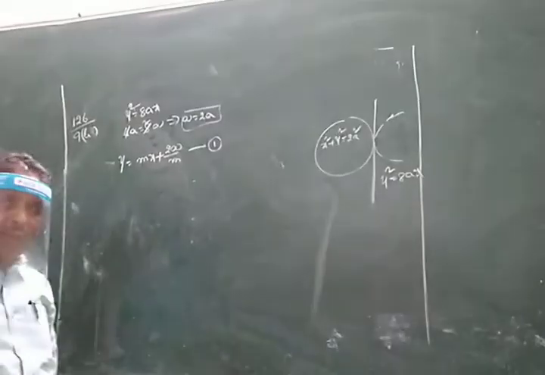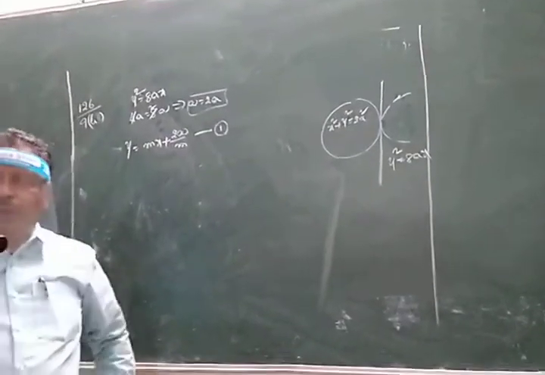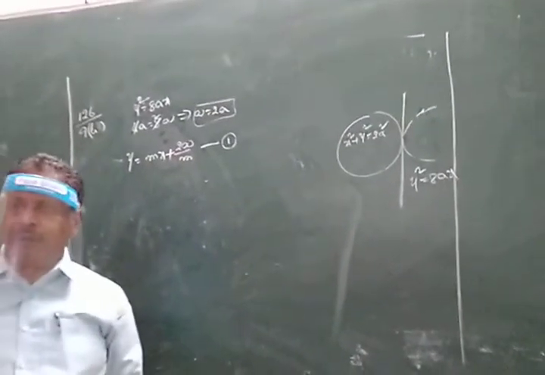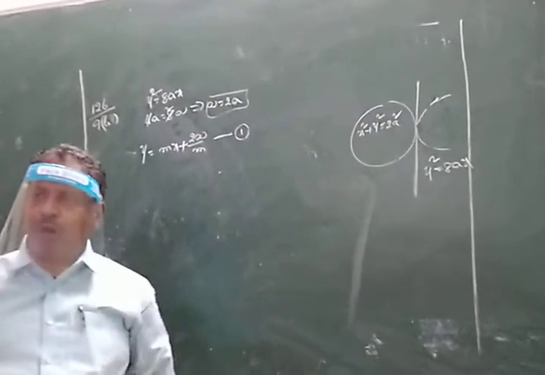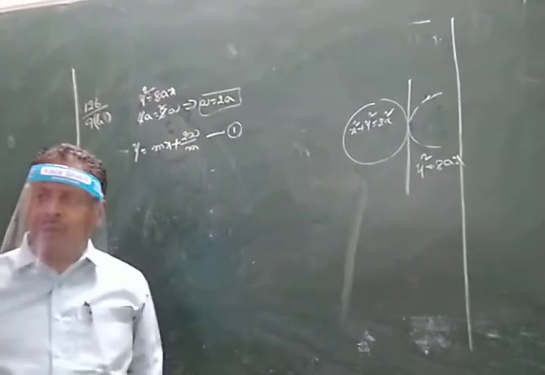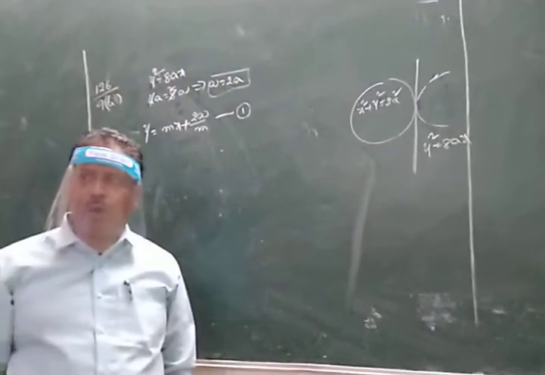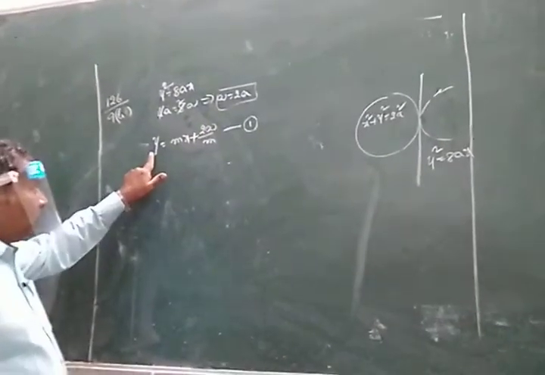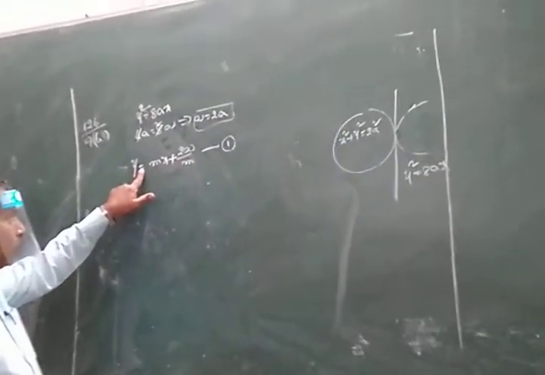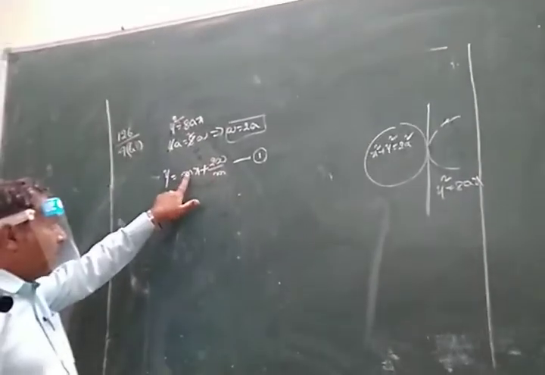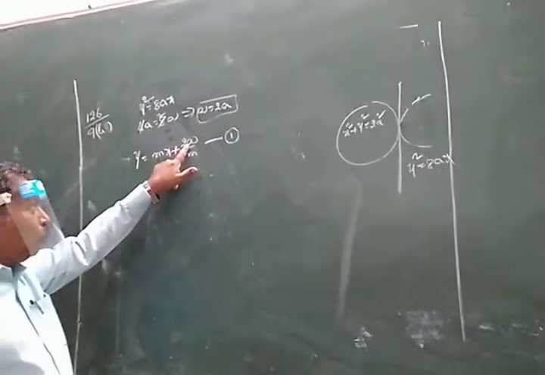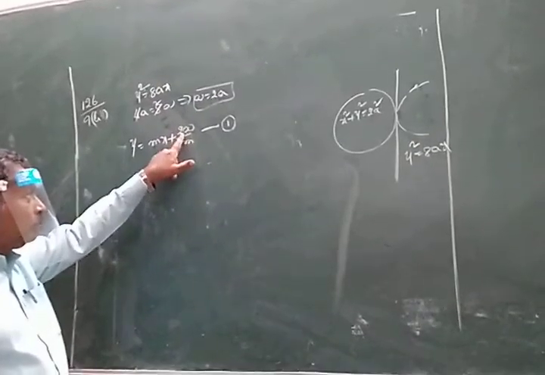Next write the equation of the tangent in the slope form: y equal to mx plus 2a by m.